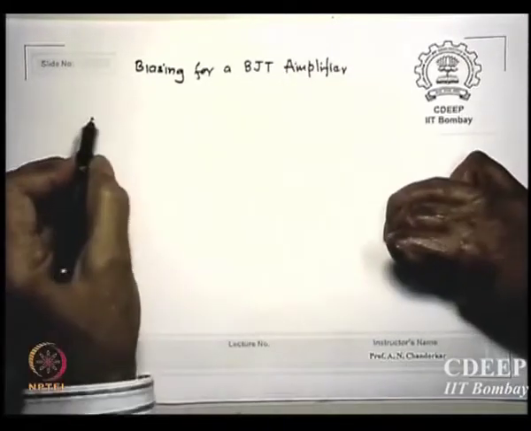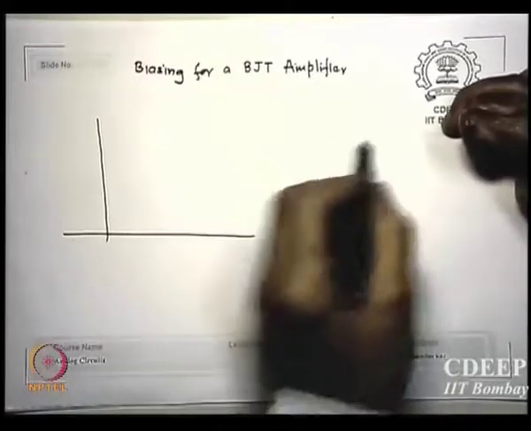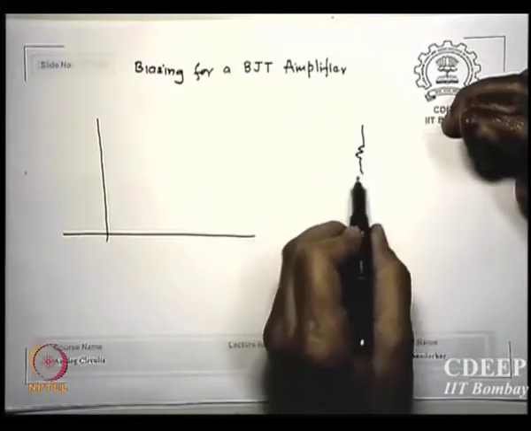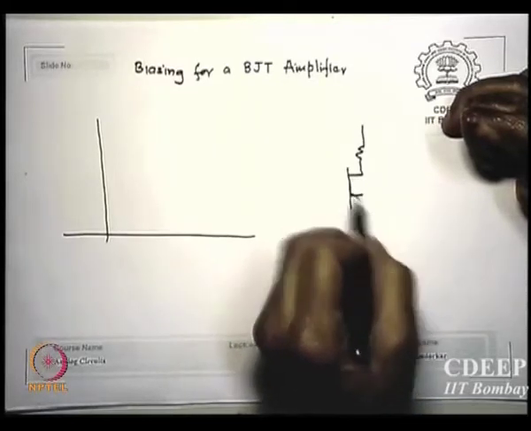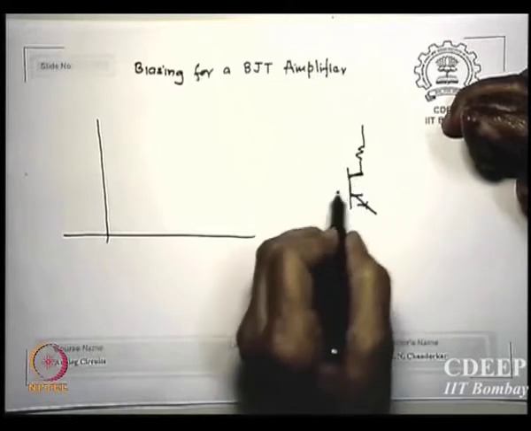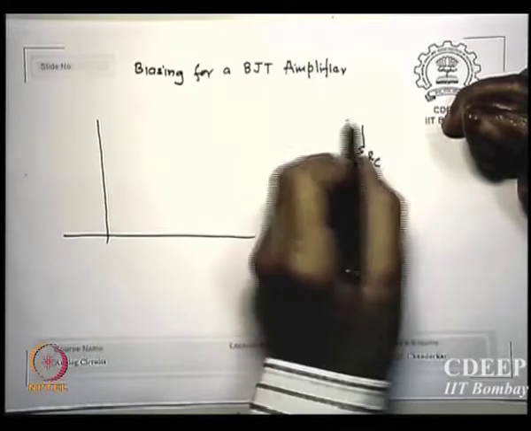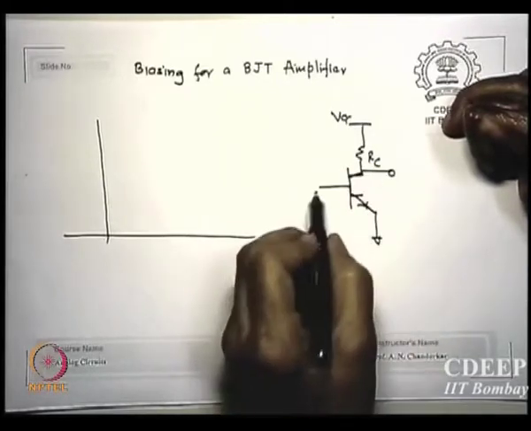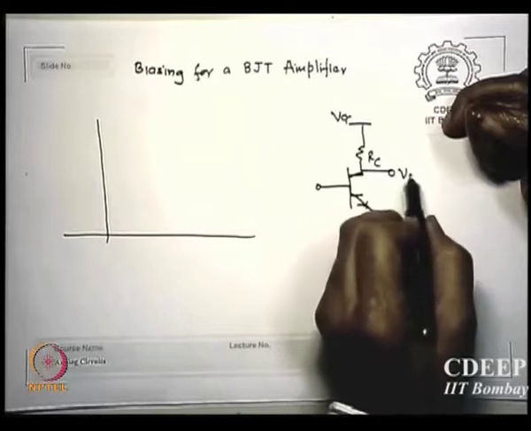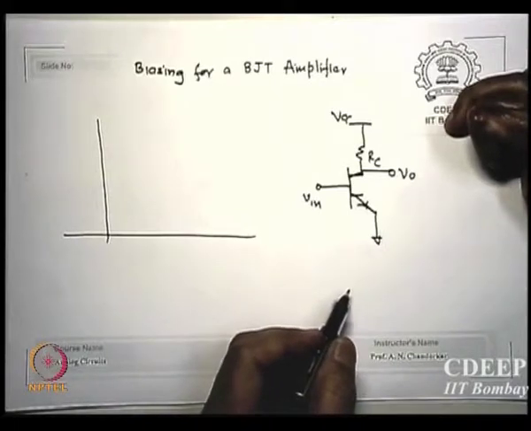We have already discussed earlier that if I have a circuit which is to act as an amplifier, I must somehow see that this transistor remains in active mode.